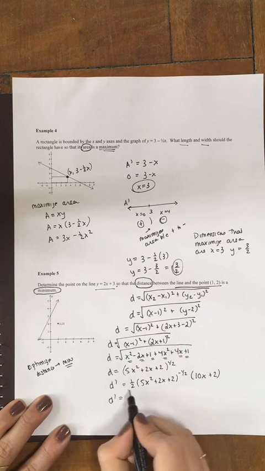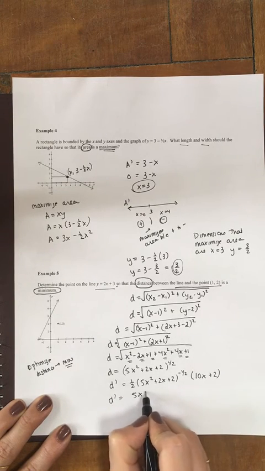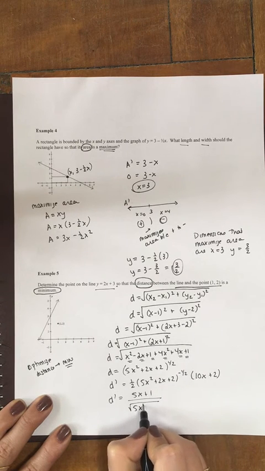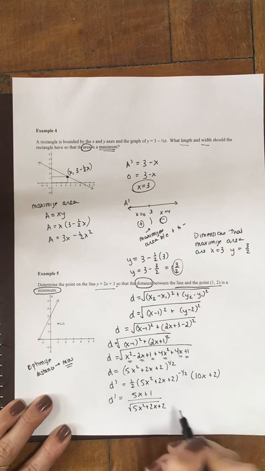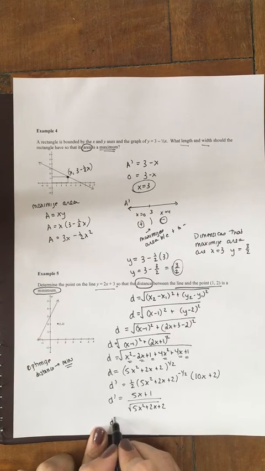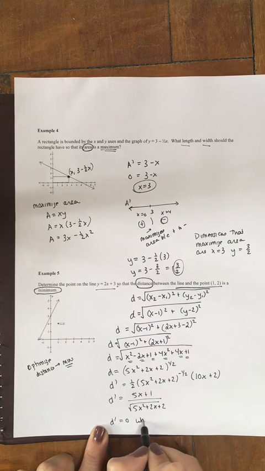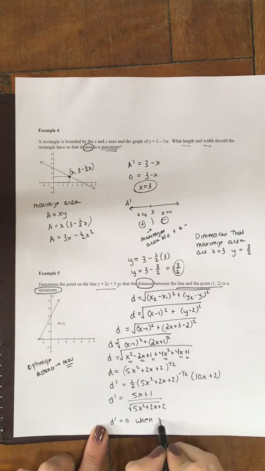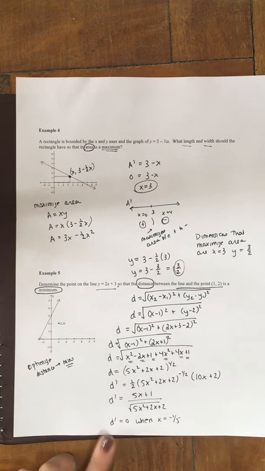So d prime is 5x plus 1 over the square root of 5x squared plus 2x plus 2, right? And we really want to know when d prime is equal to 0, and that's only impacted by the numerator. When that's equal to 0, that's going to be when x is equal to -1/5.